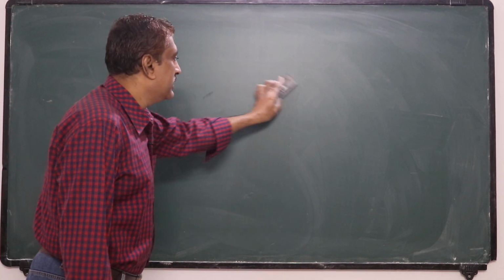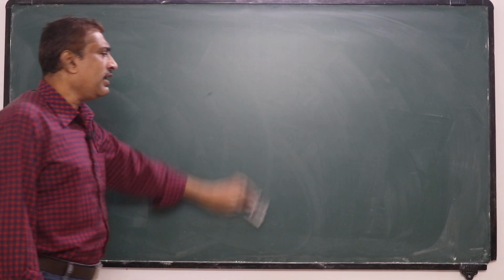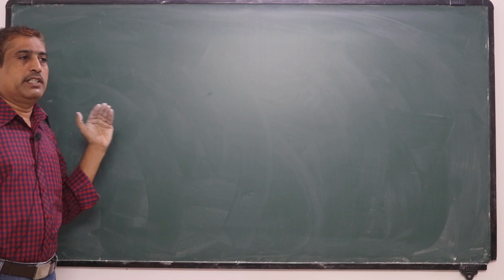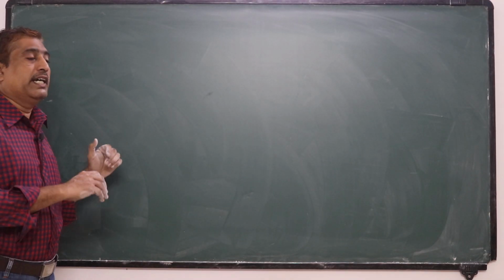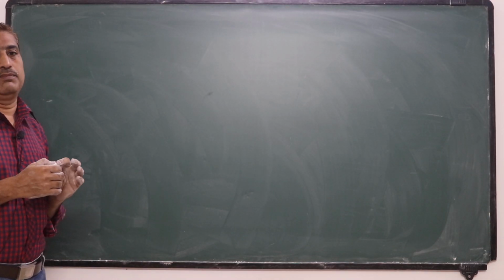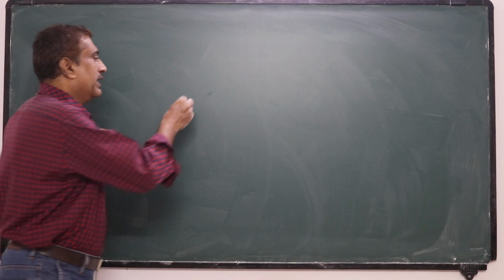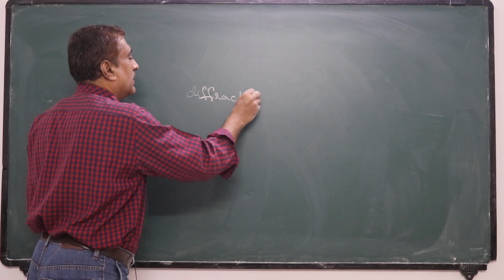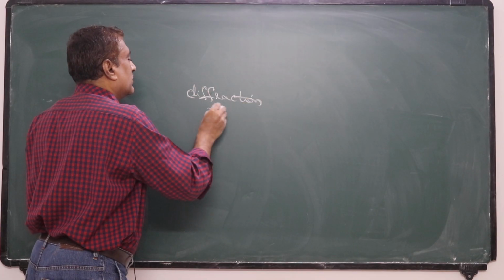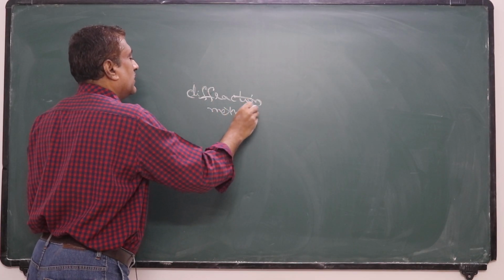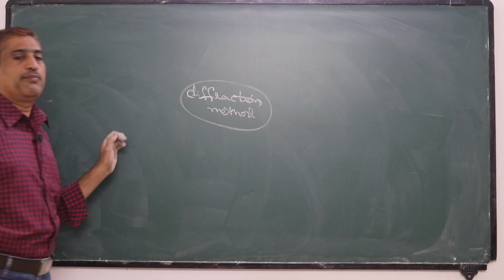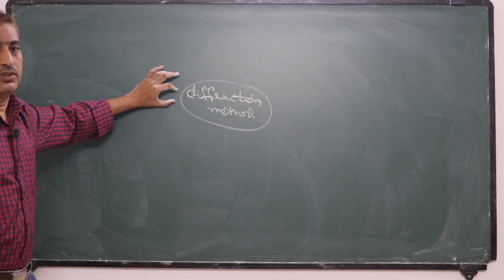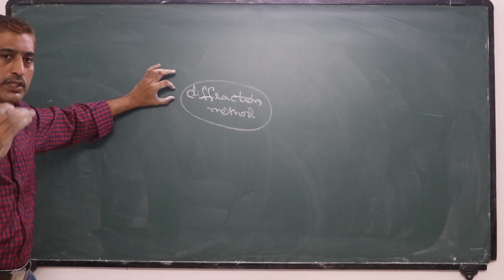Actually in the Davisson-Germer experiment, they made a fine beam of electrons so that they are diffracted from a crystal structure. So by the diffraction method, they verified the existence of electron waves, that means waves associated with electrons.